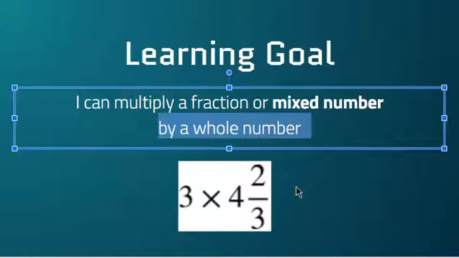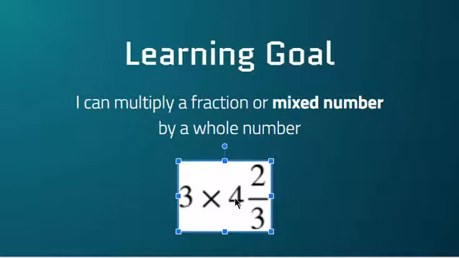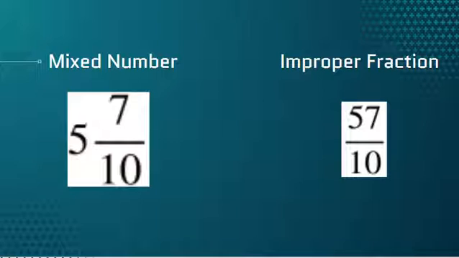So the new skill, what's different from 8.3, is now we are adding in a mixed number, which means right here, that's right, we have a whole number and a fraction. We're going to talk about that a little more in just a moment. So we have a mixed number and an improper fraction here. These are some key vocabulary words to know as we go through our lesson. So a mixed number is not just a fraction, but it is a mix of both a whole number and a fraction.